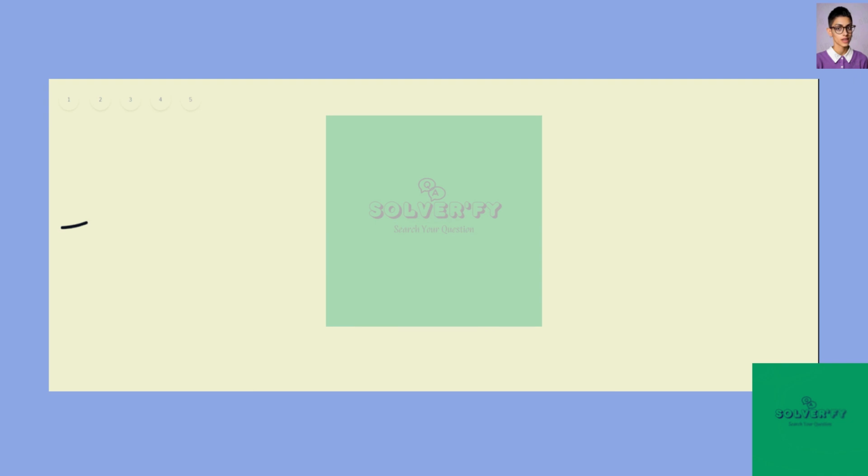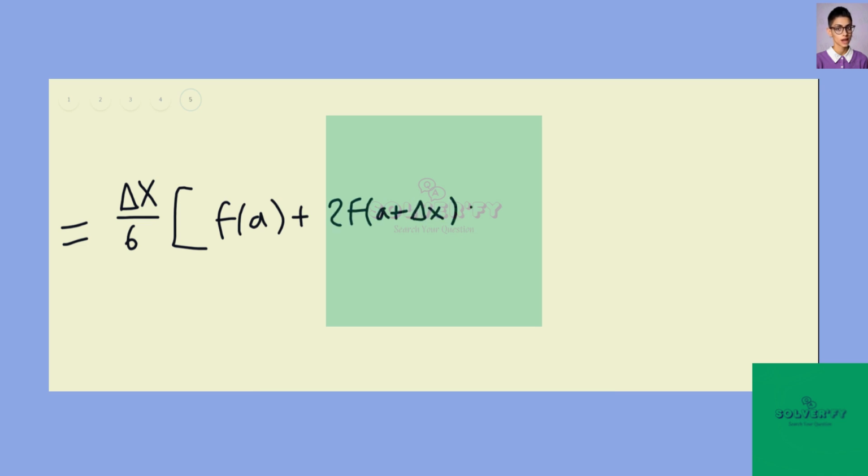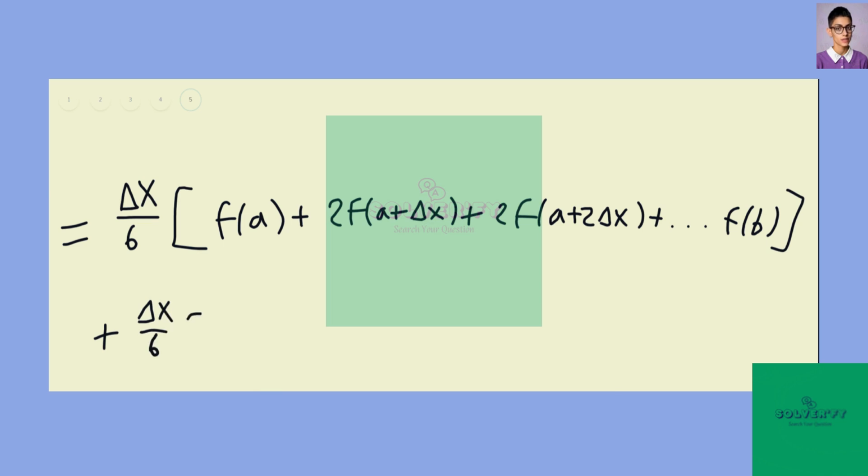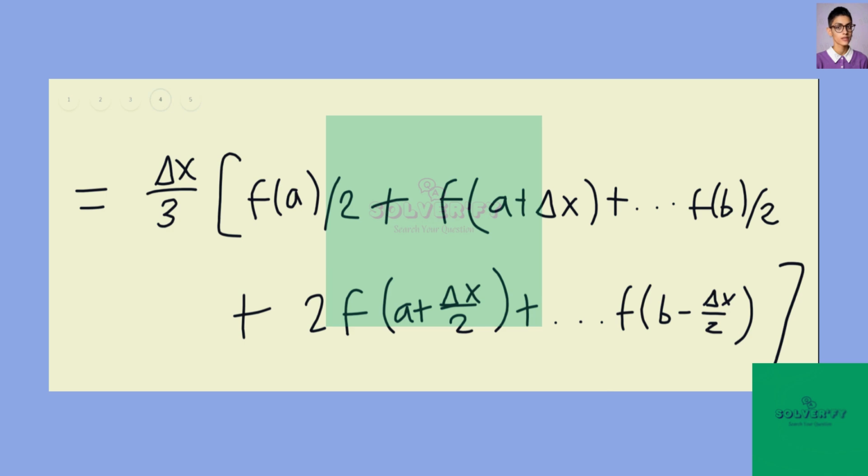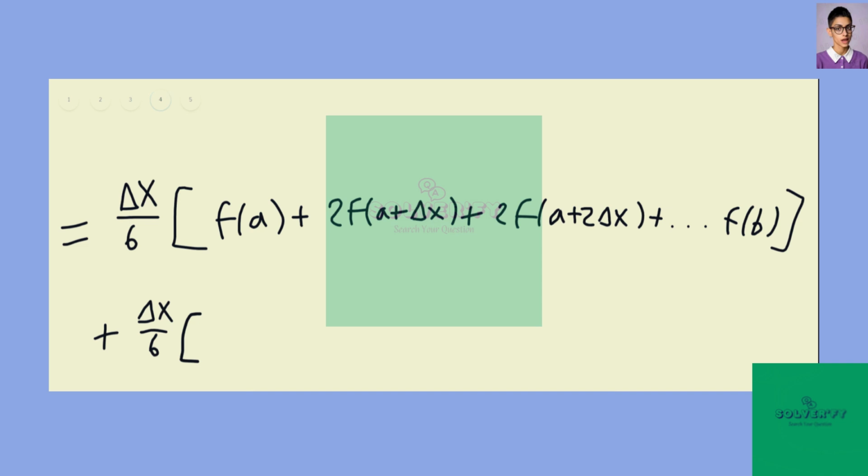So we rewrite this as delta x over 6 times f of a plus 2 f of a plus delta x plus 2 f of a plus 2 delta x plus all the way up to f of b, plus delta x over 6 times, well, if we pulled out a factor of 2, 1/2 that is, we have to multiply this by 2, 4 f of a plus delta x over 2 plus 4 times f of a plus 3 delta x over 2.